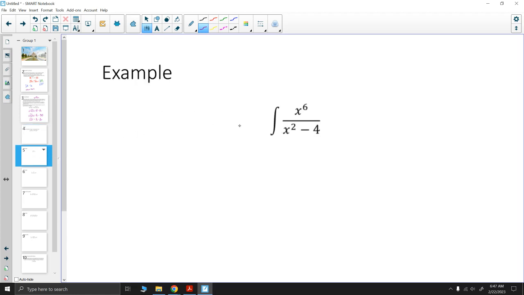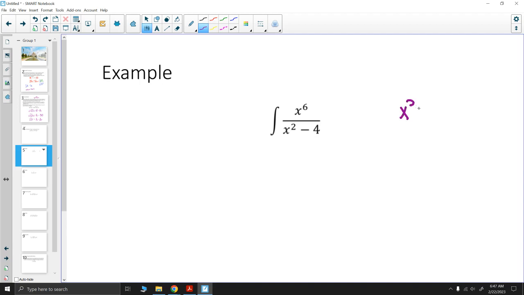Anyway, let's take a look at this. If we are going to integrate this thing, first of all, we can't use u-sub because this is the most complicated portion, and it would be like an x, so that's not really going to make our life any better, or at least potentially not. We might be able to play around with it a little bit.